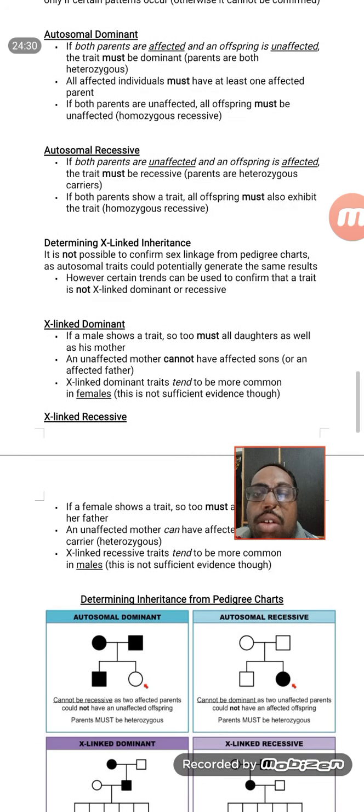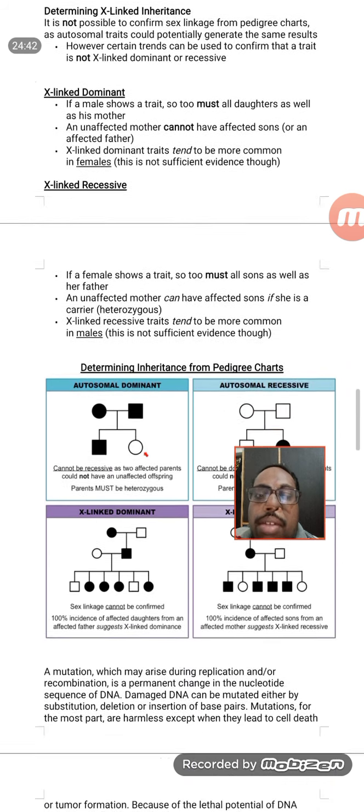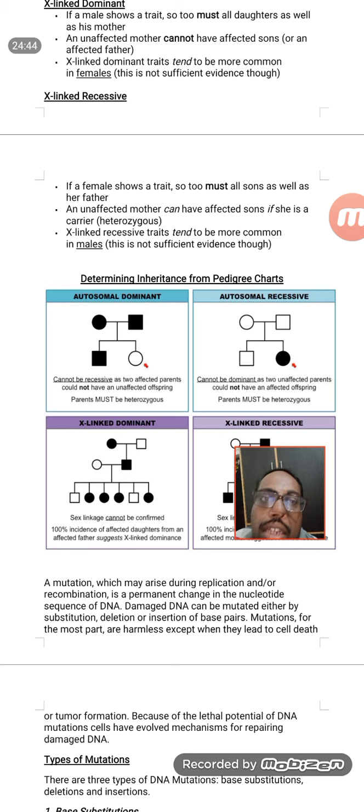And if you're looking at autosomal recessive, if both the parents are unaffected and the offspring is affected, the trait must be recessive. For example, if you see this autosomal recessive, one thing you can understand: if both the parents are not affected and one among the offspring got this disease, it means that the parents must be heterozygous.